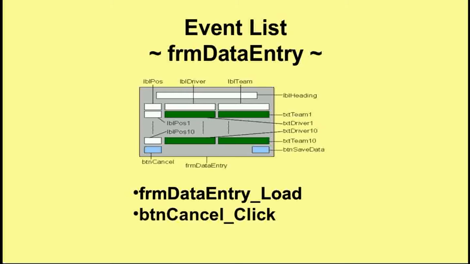That will just take them back to the main menu. However, if they have entered all the data from the form, we want the button save data click to save all that information to a file. So we're going to need these three events for this form.